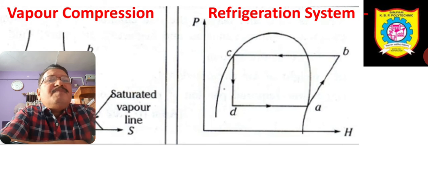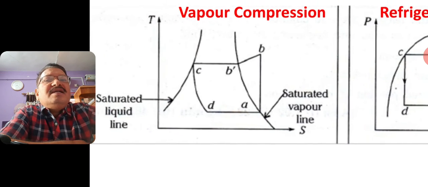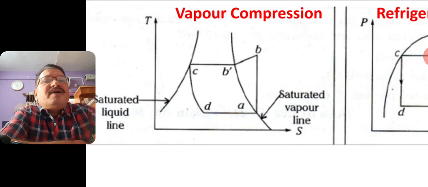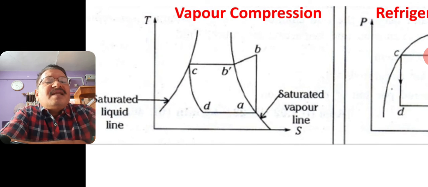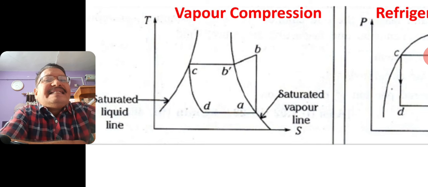On the pH diagram, pressure is plotted on the y-axis and enthalpy H on the x-axis, and on the TS diagram temperature is plotted on the y-axis and entropy S on the x-axis.